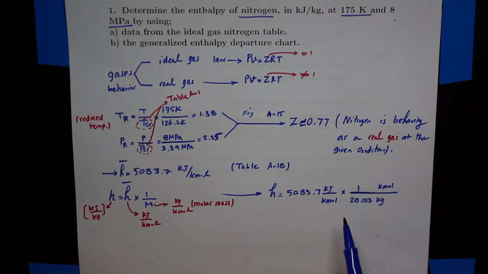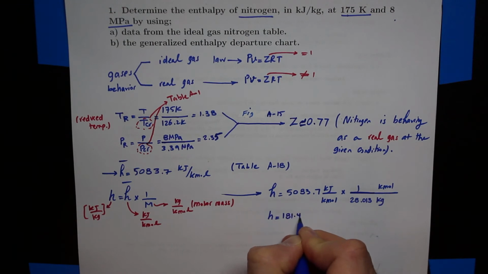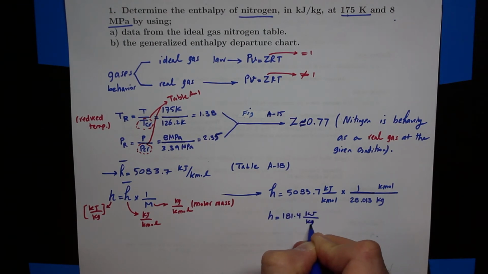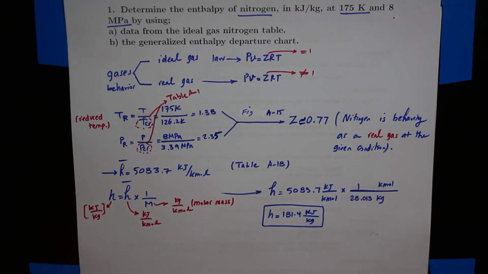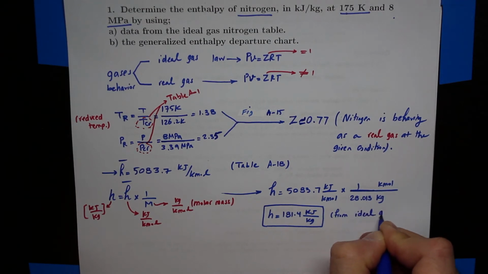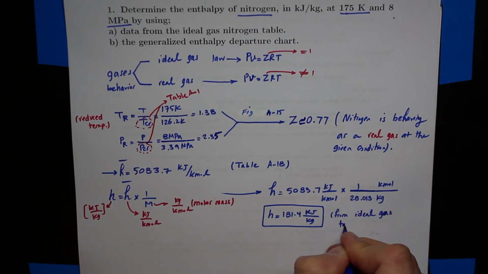All right, now this kilomole will be cancelled with this one, and I will have H equal to 181.4 kilojoule per kilogram. So each 1 kilogram of nitrogen has 181.4 kilojoule of enthalpy, but once again, this is by assuming that nitrogen is behaving ideally, but in fact we know that nitrogen does not behave as an ideal gas. So this is the answer to part A, from ideal gas tables.